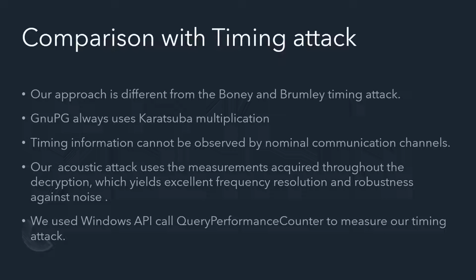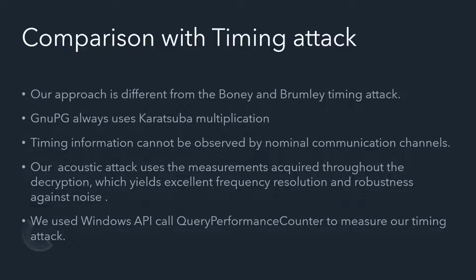Our approach is different from the Brumley and Boneh timing attack, which is described in the earlier section of this paper. GNU-PG always uses crossover multiplication, whereas the others include the higher order differentiation and all the other stuff.